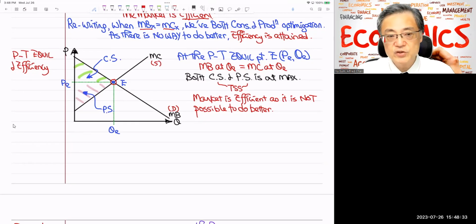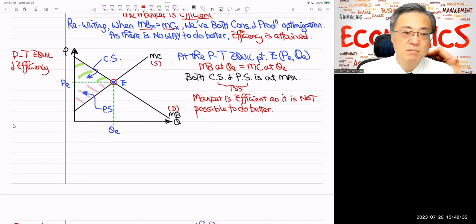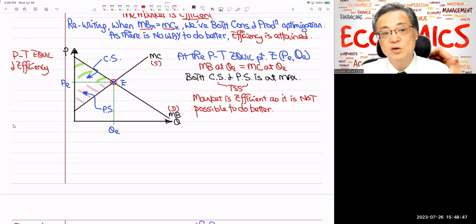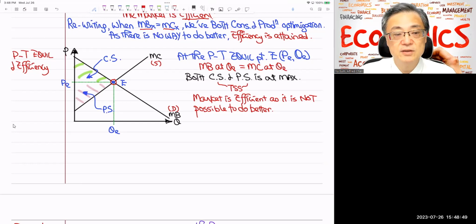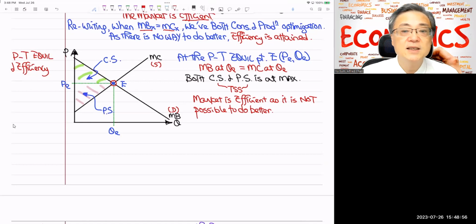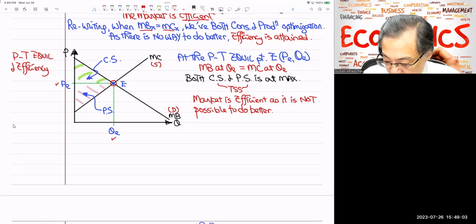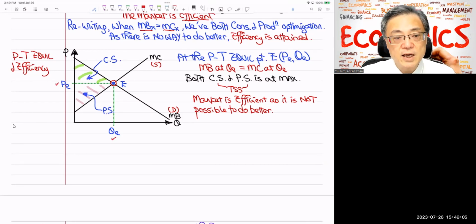Now, when we switch to marginal cost and marginal benefit analysis, we have the same thing. The MC curve is your supply curve, and your MB curve is your demand curve. Do they intersect? They do intersect at the same point E, and we have the equilibrium price PE and the equilibrium quantity QE.